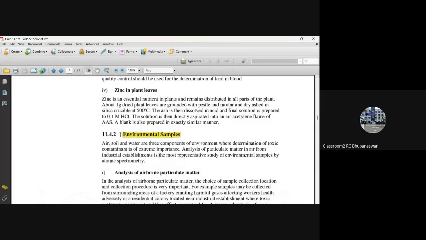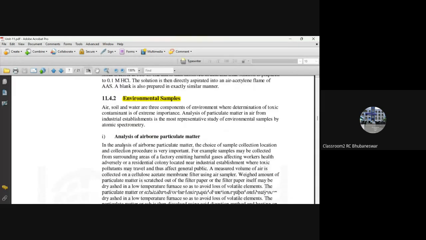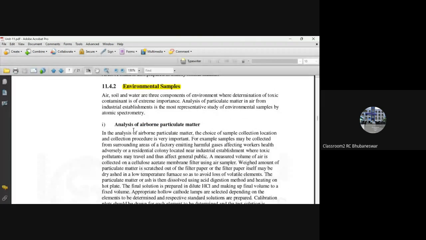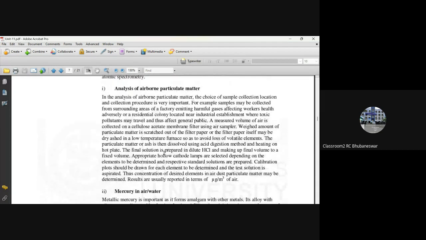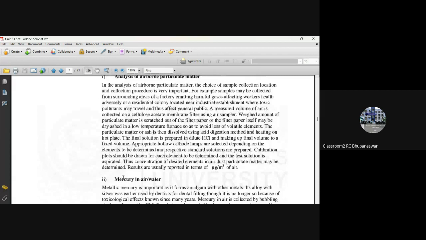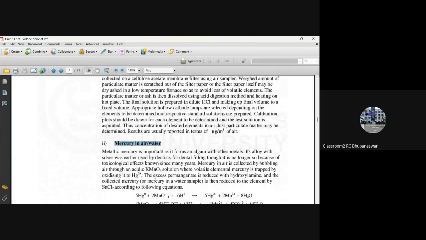But environmental samples also can be studied, like analysis of airborne particulate matter, that also can be studied by using AAS. And mercury in air and water, that is a very sensitive issue nowadays, that also can be studied.